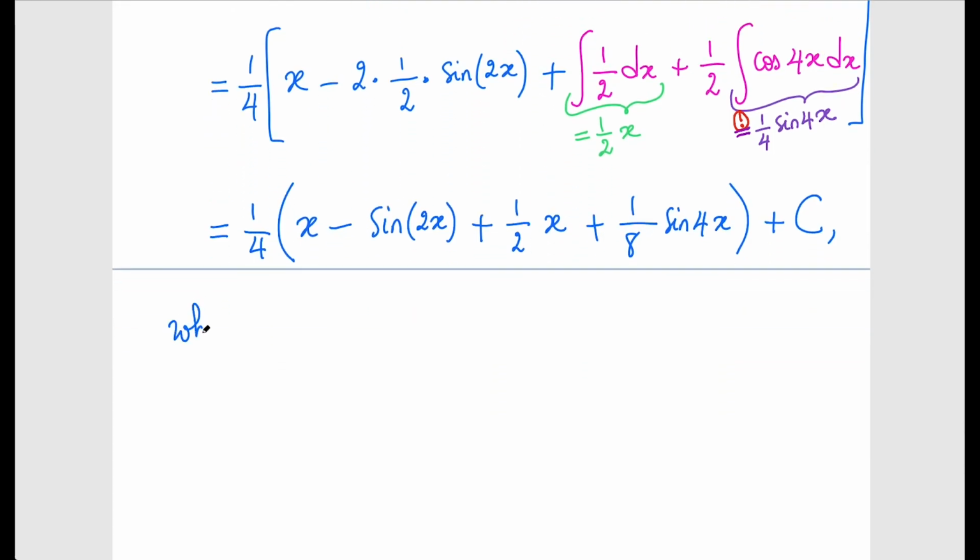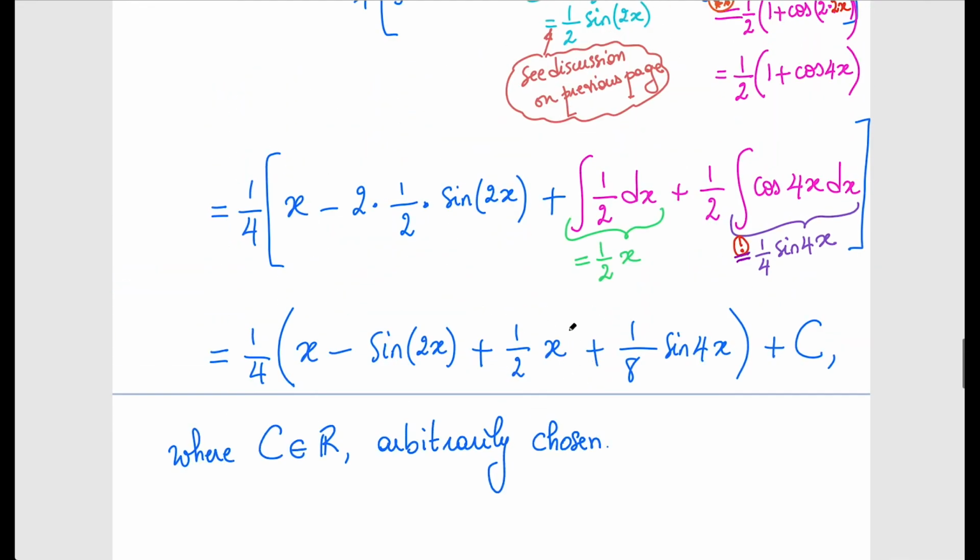Where c is an arbitrary real number. Okay, all right, so this would be the integral. Obviously you can combine x with half x, right? x plus half x is 3/2 x.